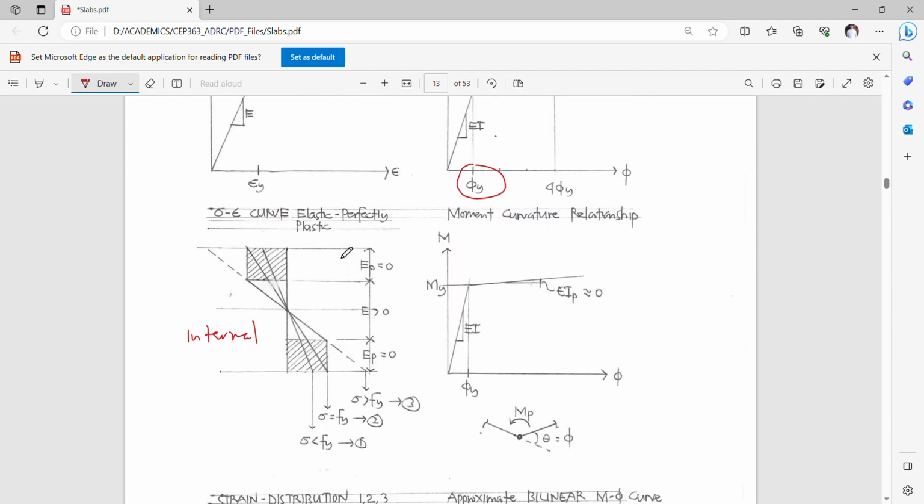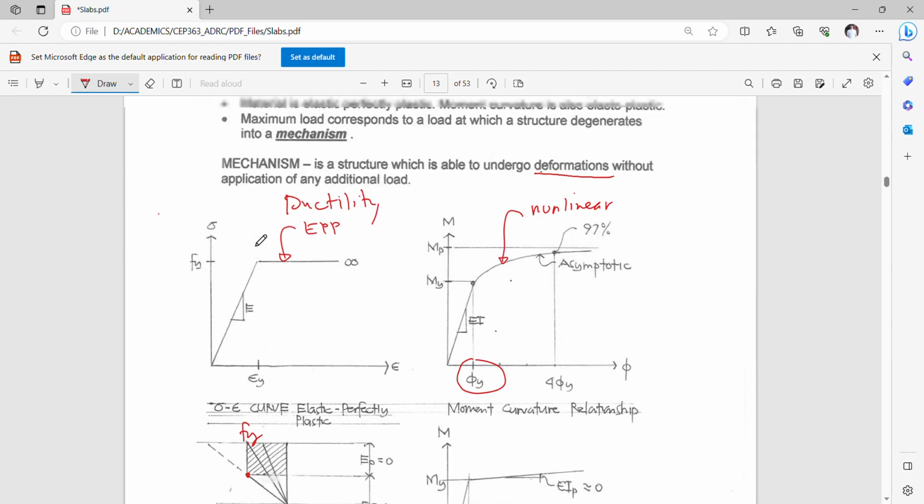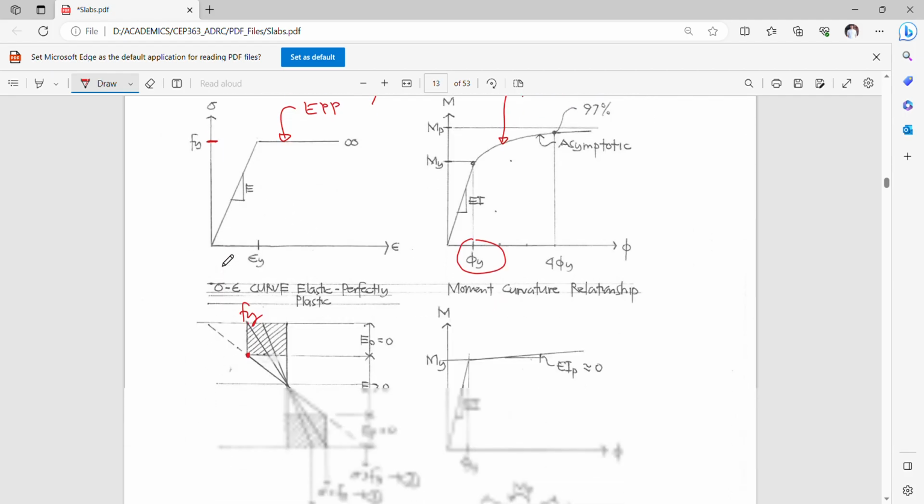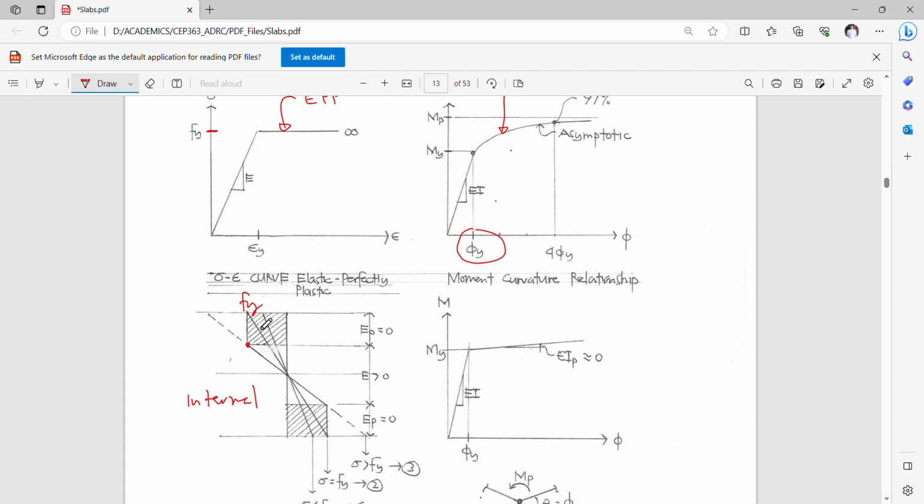So this is the limit upon which your material can only give you a maximum of Fy, okay, as your yield strength. If it's an elastic perfectly plastic material, then you cannot go beyond the yield strength.